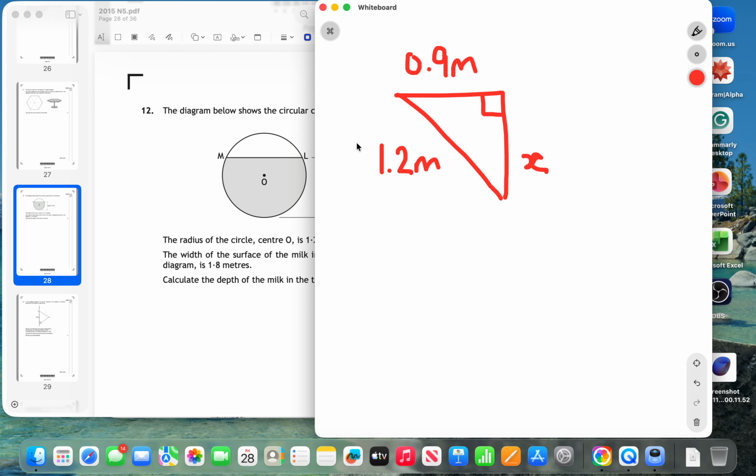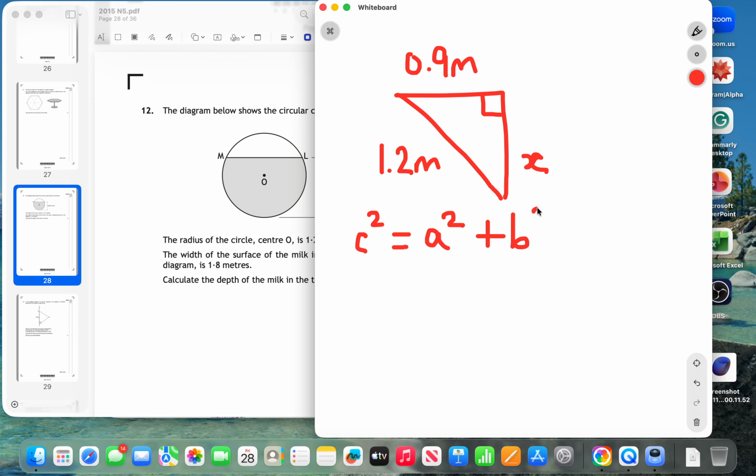Now, you see that the 1.2 meters is the hypotenuse because it is opposite the right angle. So we use Pythagoras. C squared equals A squared plus B squared. And that is Pythagoras for right angles.